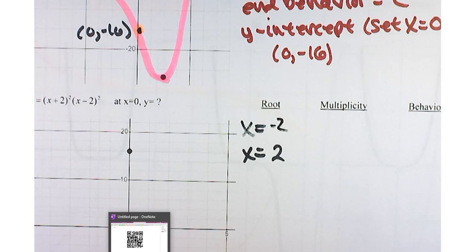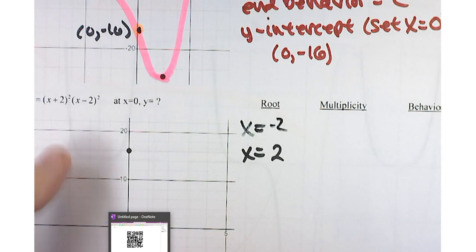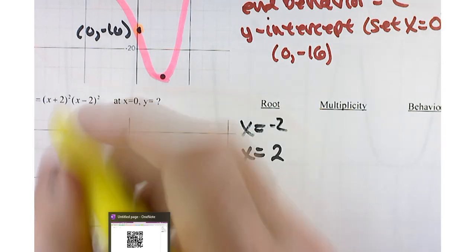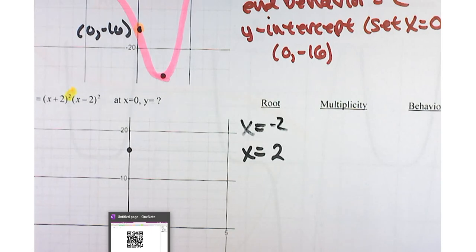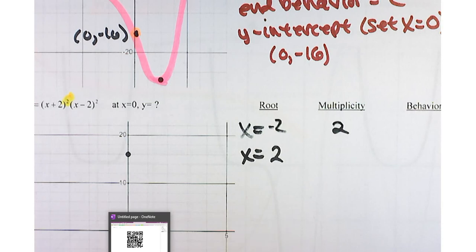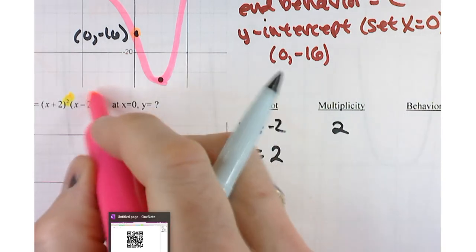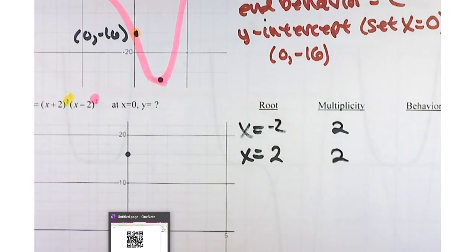Good. The multiplicity is just this term right here. It's what degree each of these binomials is raised to. So the first one's a 2, the second one's a 2. They don't have to be the same as they are in this particular example.